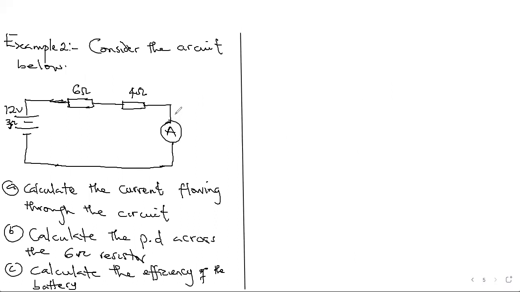So let's look at the last example. In this example, you have to consider this circuit that we have here. In the circuit, you have 2 resistors connected in series, and you have a cell of 12 volts with internal resistance of 3 ohms. You have to calculate the current. To determine the current, you know I is E over R plus r. This R is the total resistance that is connected to the circuit.